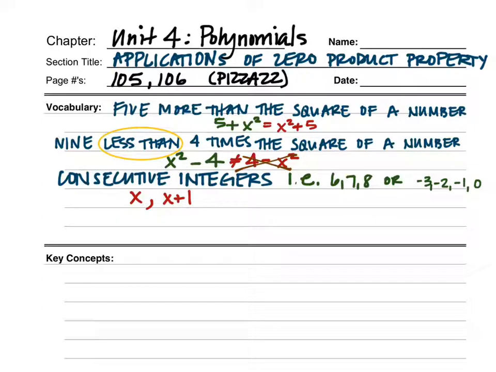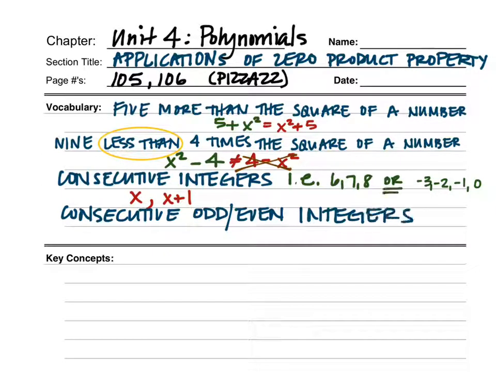What happens if we talk about consecutive odd or even integers? An odd integer might look like 1, 3, 5, 7, and an even integer could be like 2, 4, 6, 8. Each time, whether it's even or odd, we're adding 2.